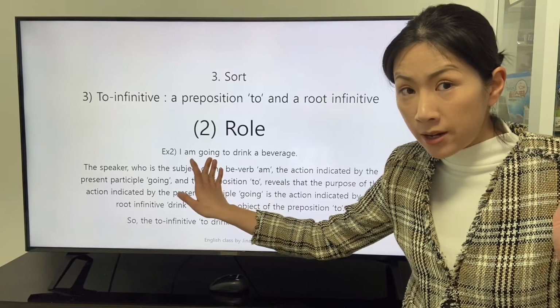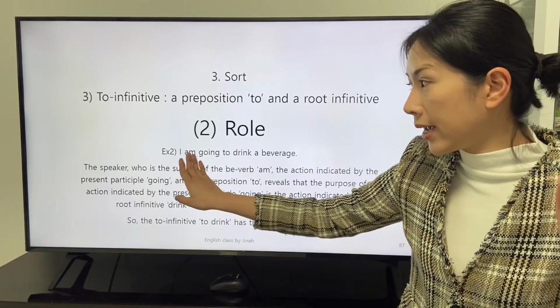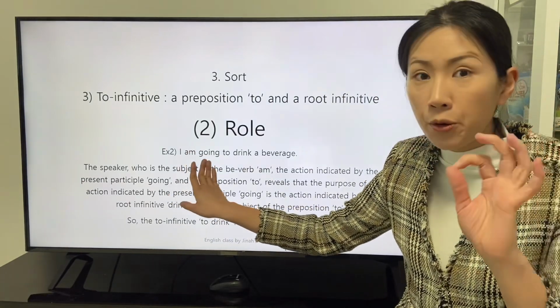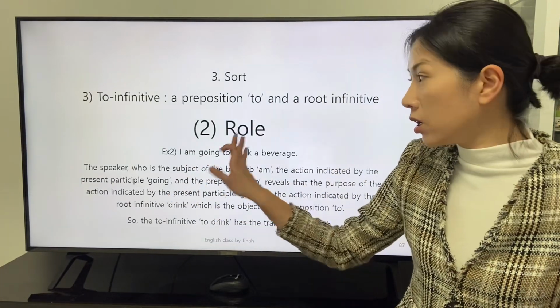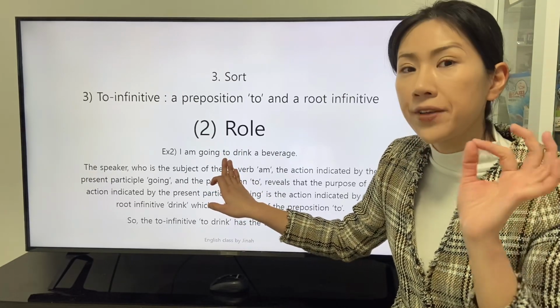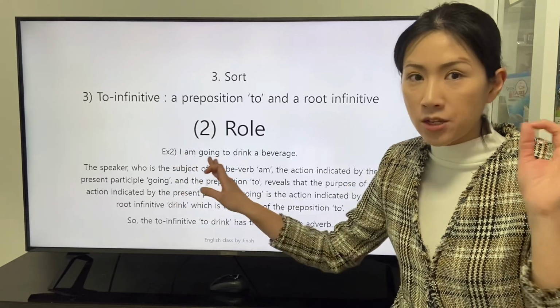We analyze the subject and the phrase of the verb am going. The phrase of the to-infinitive also sets the speaker as the subject.